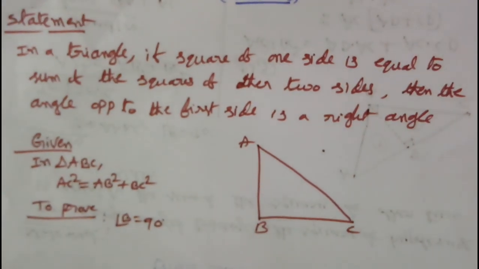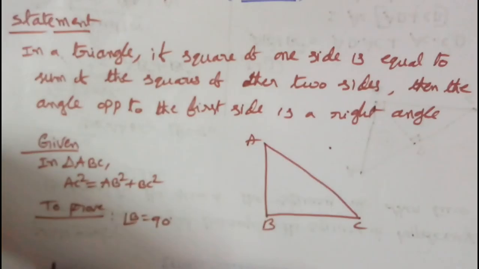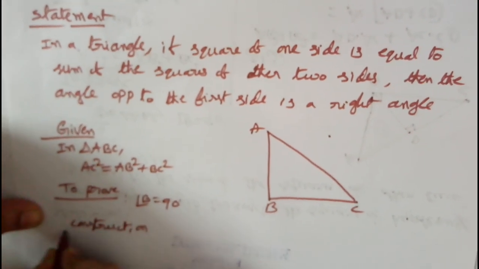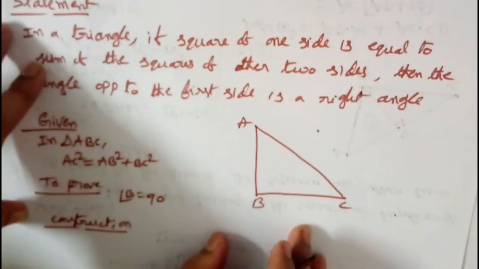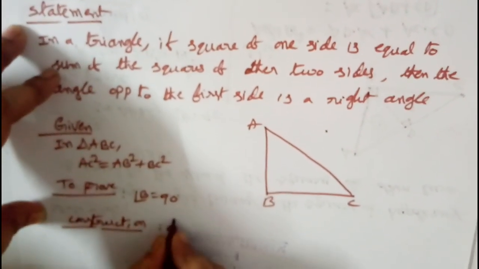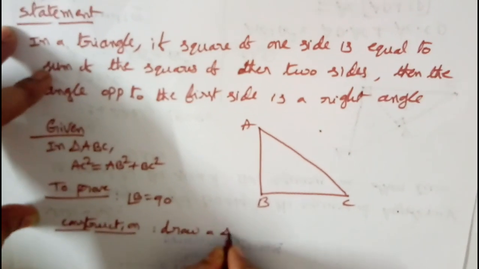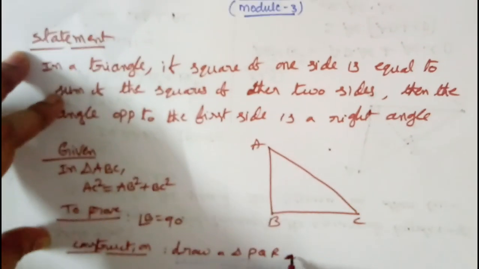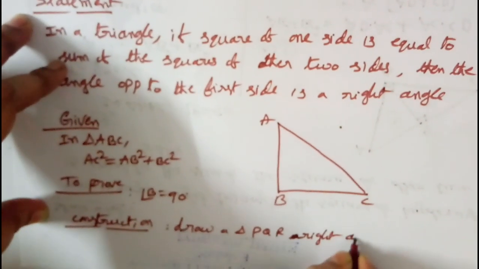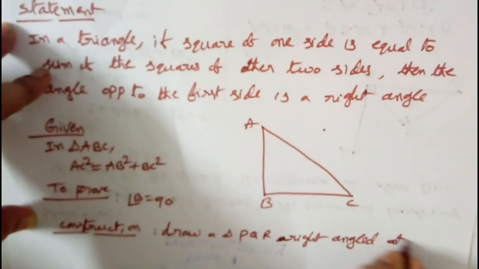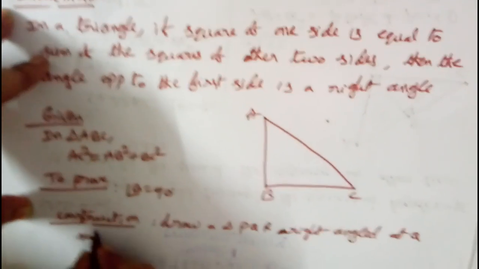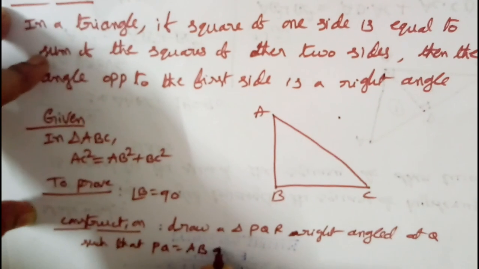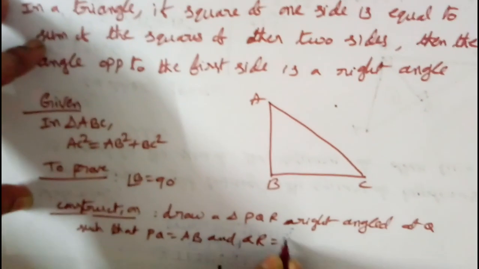Here we have to do some construction. That construction part is very important. Draw a triangle PQR, right angle at Q, such that PQ is equal to AB and QR is equal to BC.